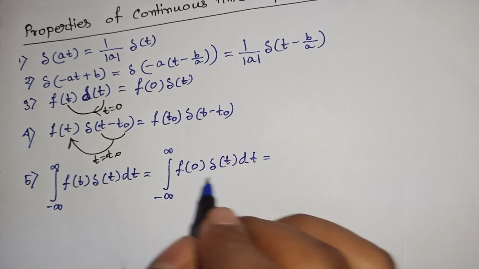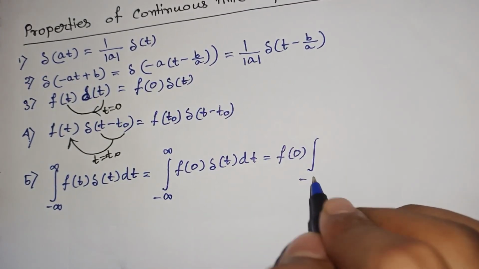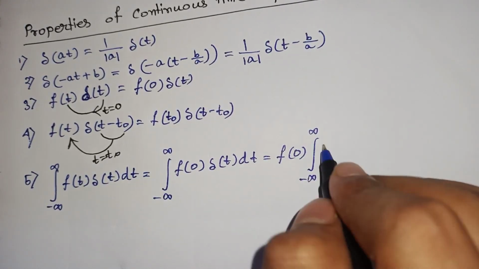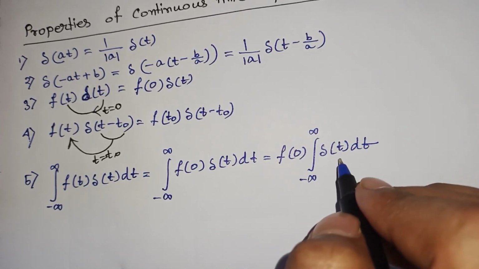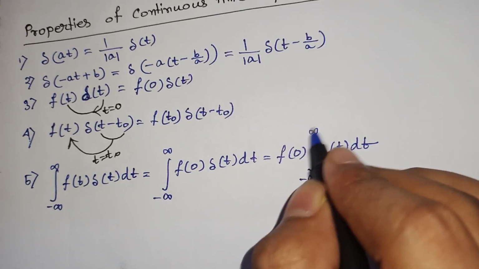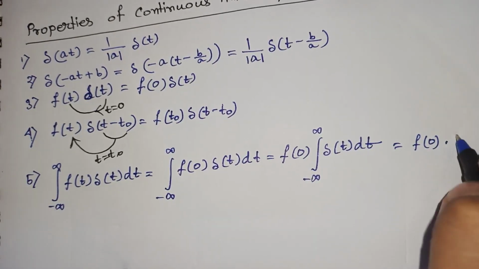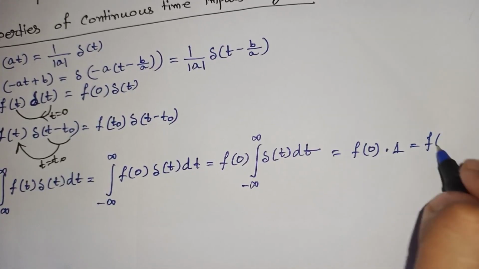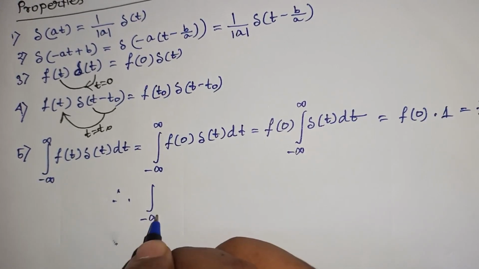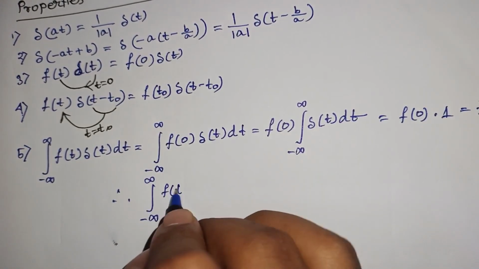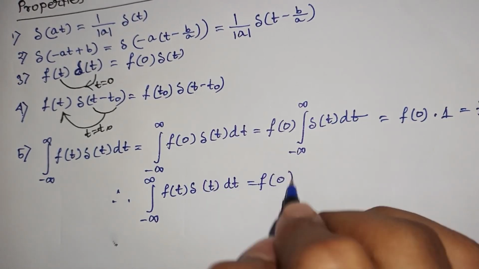Because f 0 is constant, it is f 0 into integration from minus infinity to infinity del t dt. We know the area of del t is 1, and this whole thing represents the area, so it is f 0 into 1 equals to f 0. So this can be written as integration from minus infinity to infinity f t del t dt equals to f 0.